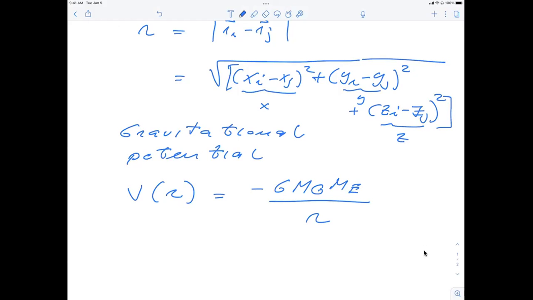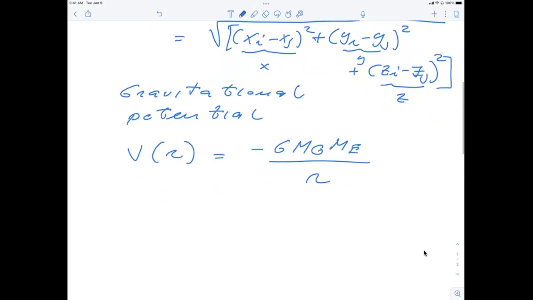So if you're in 3 dimensions, you would have 2 angles and the radius r, and this potential depends only on the radius r. So when we want the force, let's rewrite this in terms of a parameter gamma divided by r here.